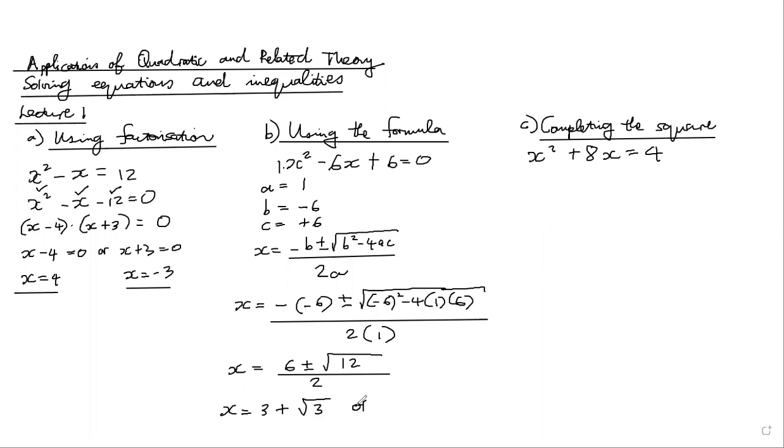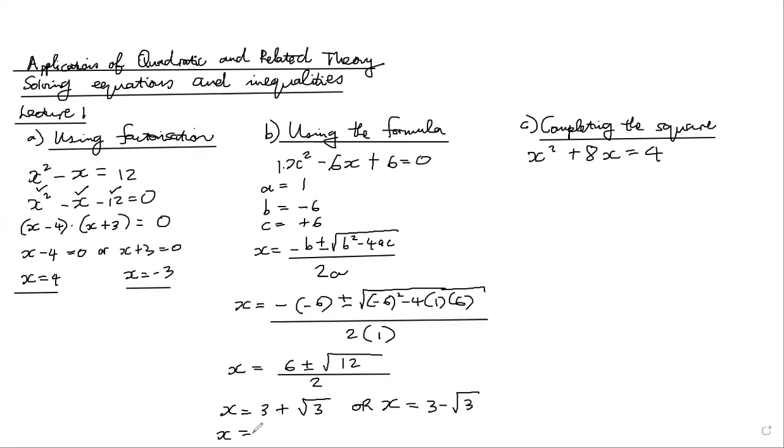Or x is equal to 3 minus square root 3. The examiner could also ask for the answer in decimal places. So note the instructions in exams and whether you want 1 decimal place, 2 decimal places, or 3 decimal places, or any other instruction that's given.